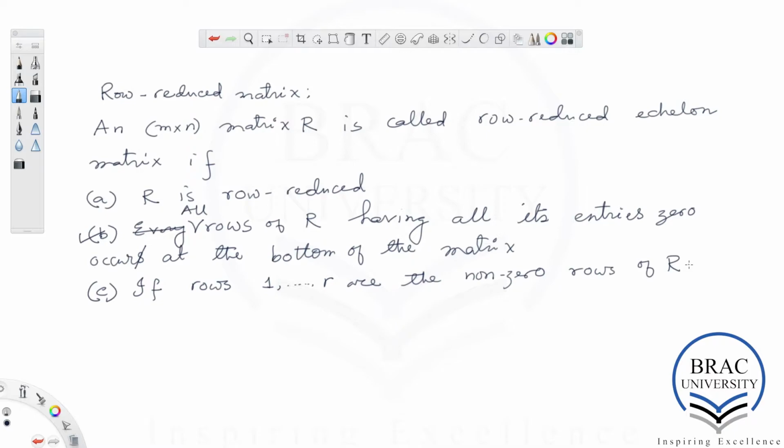And this third point applies to all the non-zero rows of R. The non-zero rows of R should start with a leading one, because it's a row reduced matrix, right?